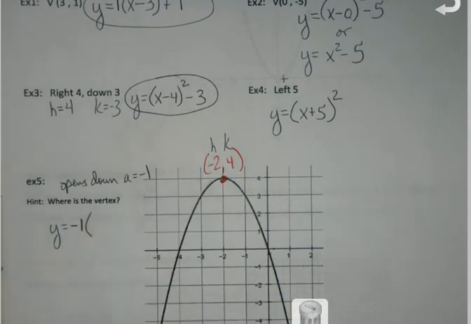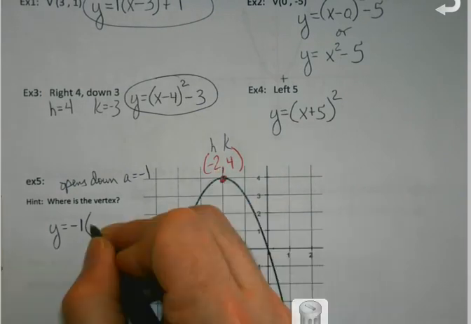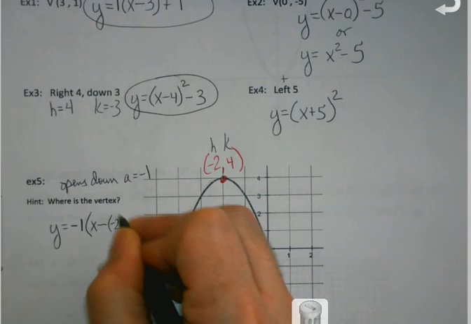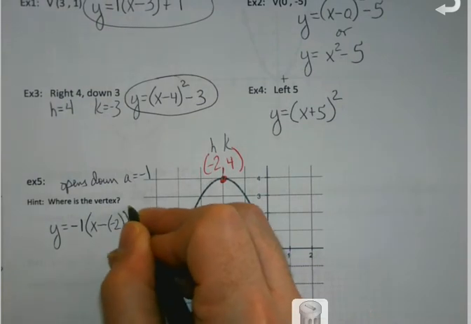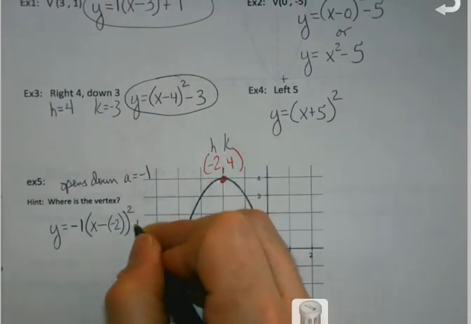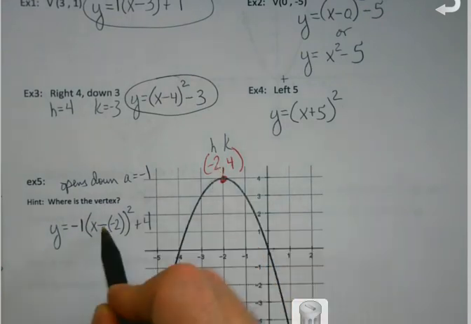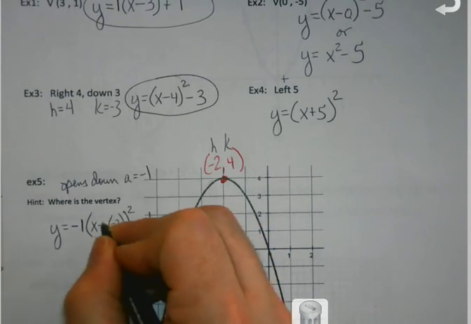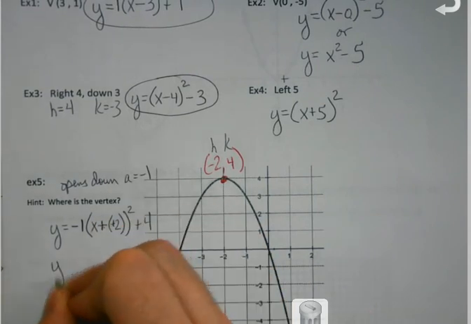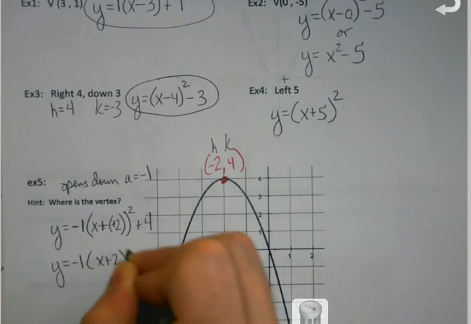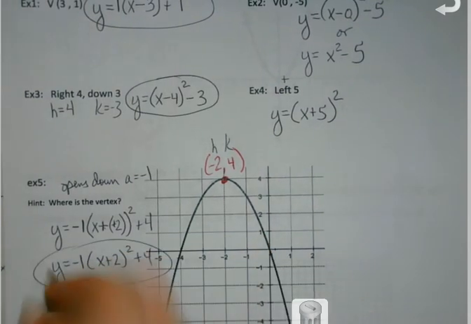Then, if my h value is negative, x minus -2, we'll fix that in a minute, plus 4. Because again, that negative isn't this one. That's part of my formula. What happens when I minus a negative, though? It becomes positive. So my equation here would be negative 1 times x plus 2 squared plus 4.